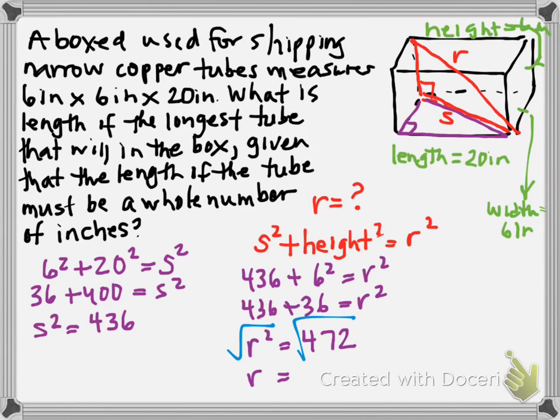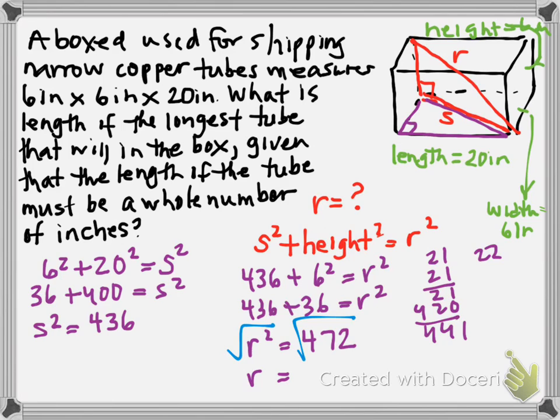So we can do this one of two ways. We could try to factor out perfect square factors. Look for 4s, and 4 goes in because 4 goes into 72. Or we could say, okay, I know it's over 20, so I could do a little guess and check system. What's 21 squared? I get 441.